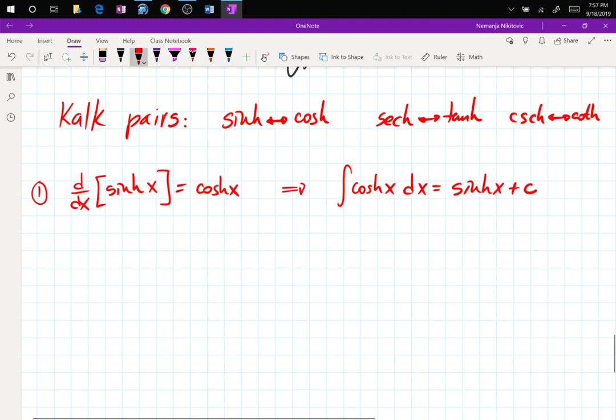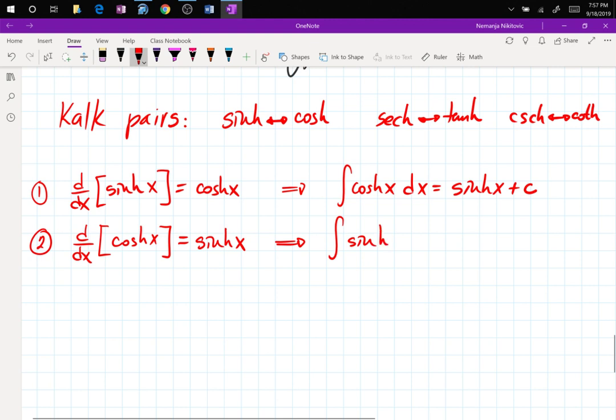All right, let's do something different now. The derivative of cosine hyperbolic x is positive sine hyperbolic x. I know. Now that means that on the integral side, you also don't get the negative. So sine goes to cosine, cosine hyperbolic, hyperbolic sine, hyperbolic cosine. Either way you do derivatives, integrals, no minus signs anywhere.